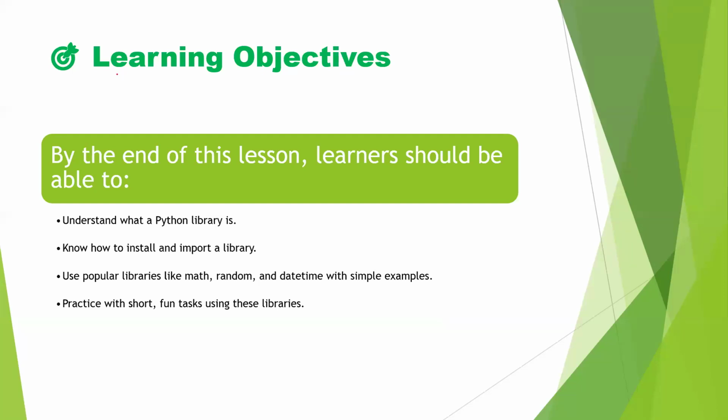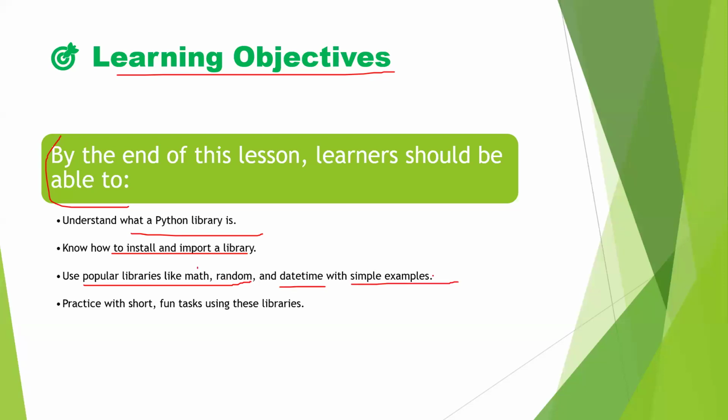So before we start learning what libraries are, we can check our today's objectives. We want to understand what libraries are, then know how to install and import libraries. We also have to know how to use popular libraries like random, the math library, the datetime, and other simple examples.